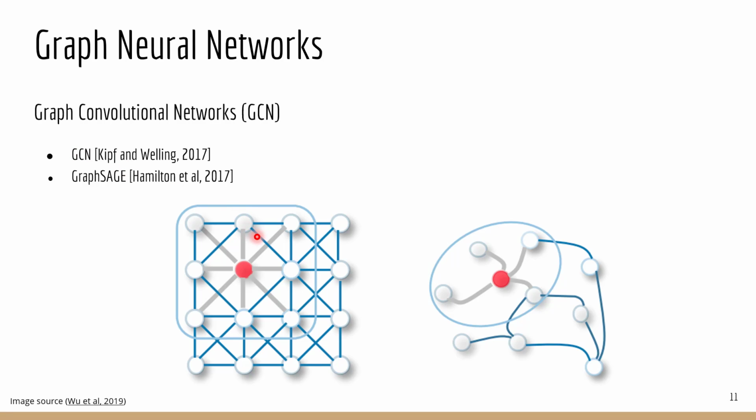And the name convolution comes from CNN networks because the process of combining these neighboring nodes is similar to the convolution function or convolution procedure we have in CNNs. Specifically, for a target node, we aggregate the embeddings of the neighboring nodes in order to learn an embedding for the target node. And usually different models differ in the way they do this aggregation.